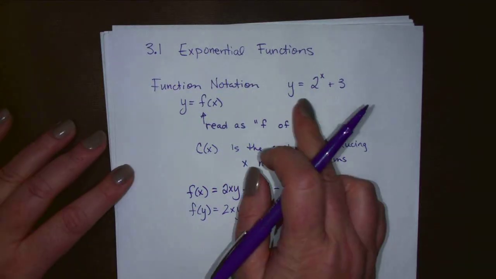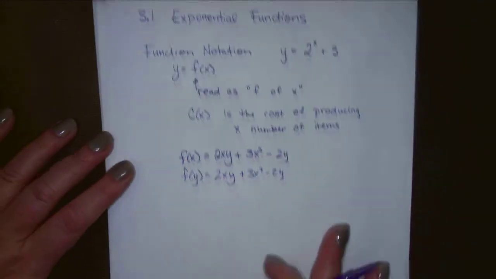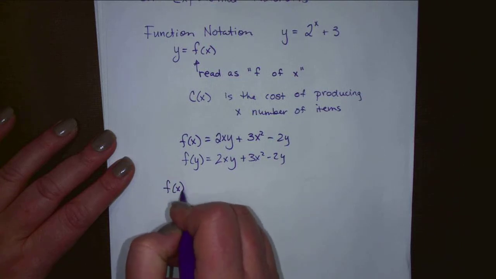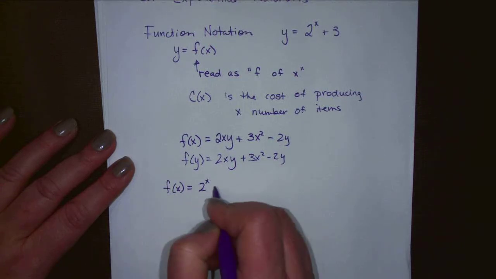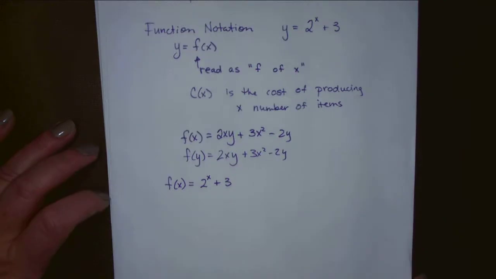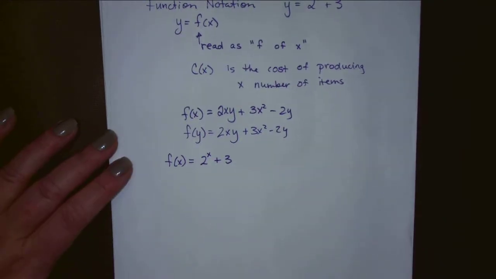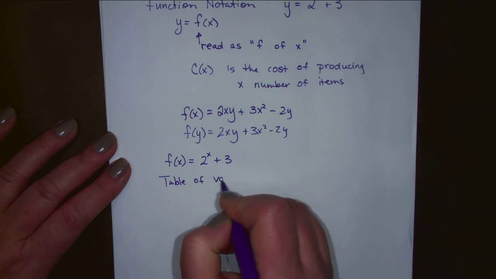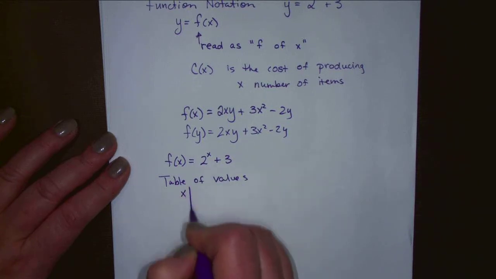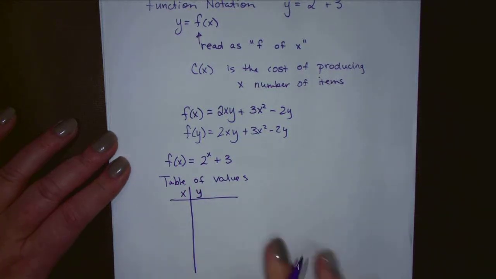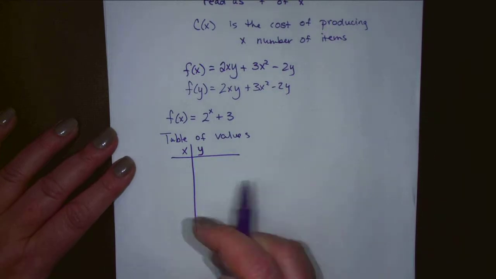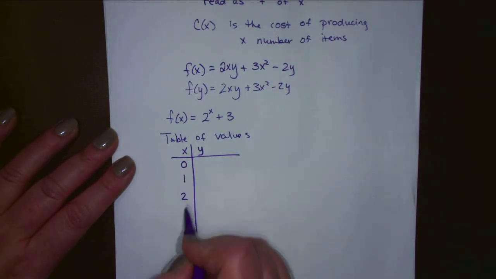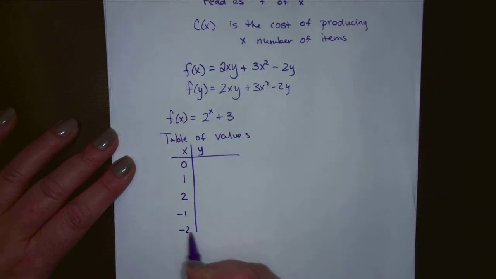So we're going to go back up to this equation that I've written. So f of x is equal to 2 to the power x plus 3. So if we were to do a table of values, for example, say I want to plug in the values 0, 1, 2, -1, -2.